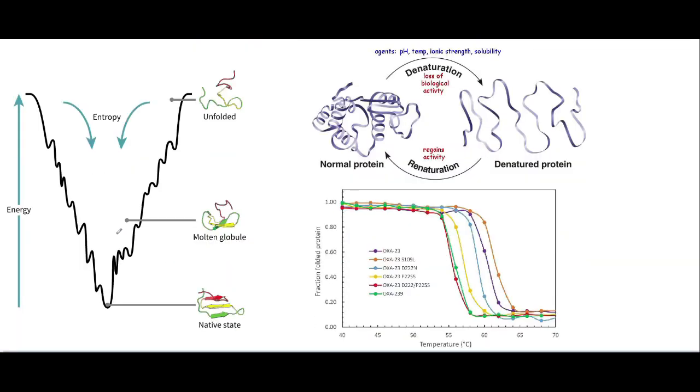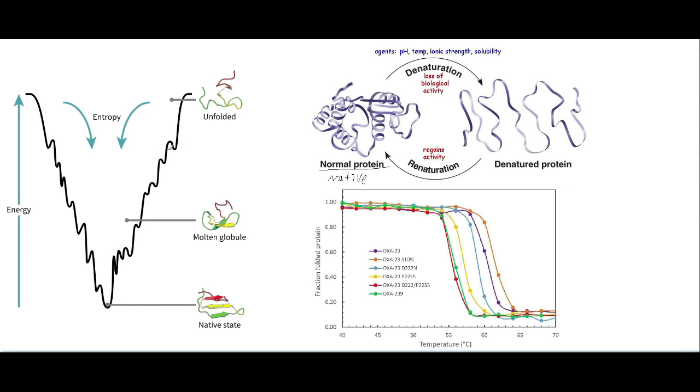Looking back again at this overview, this is our native state. This figure calls it normal protein, but we can think of it as the native state, and that's this highly ordered state, as I said, going down this well of entropy.